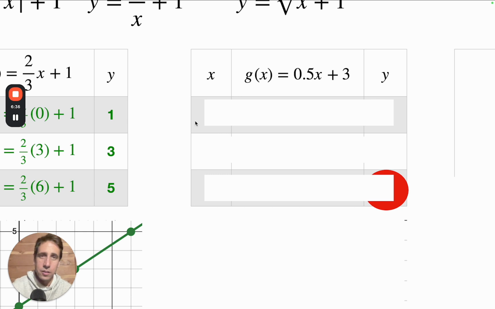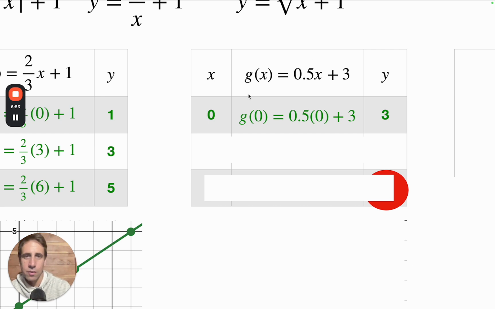Here, the function g says, okay, here's the rule. Whatever the x is, you multiply it by 0.5 and then you add 3. Multiplying by 0.5 is kind of the same thing as dividing by 2, so I think I'm going to choose all even numbers. I plug 0 in. 0 is the input. This is g of 0, which says that the output is found when you multiply 0 times 0.5, which is 0, and then you add 3, you get 3.